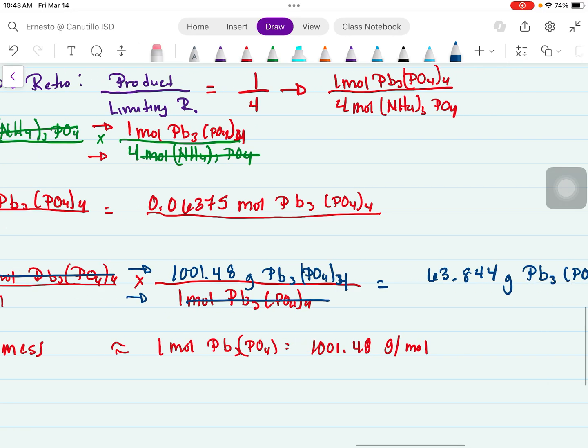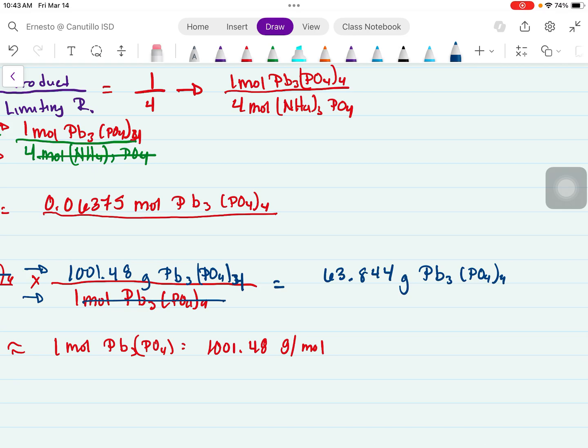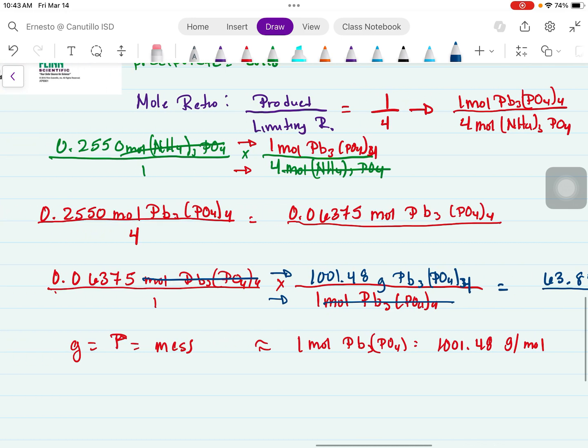Now, here you have 1 times 1. That's just 1. If I divide by 1, I get the same number again. So this is how many grams of precipitate should form in that reaction. Okay, so what did we do? We took the limiting reactant and we figured out the mole ratio to the desired product.